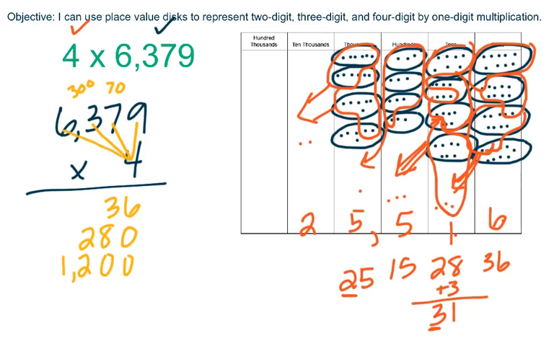And finally, 4 times not 6, but 6,000. Well, 4 times 6 is 24. When I multiply by 1,000, I end up with 3 zeros. And I get 24,000.